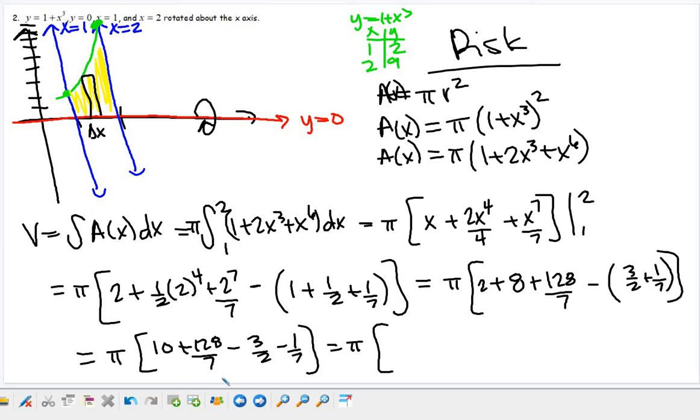That should make my life a little bit easier. So this would be 20 over 2. So that would be 17 over 2. And then 128 minus 1 would be 127 over 7. And then get a common denominator of, it'd have to be 14, I guess, times 7.